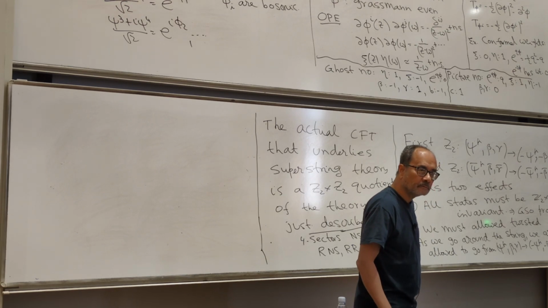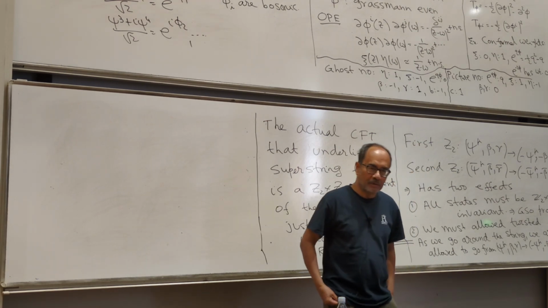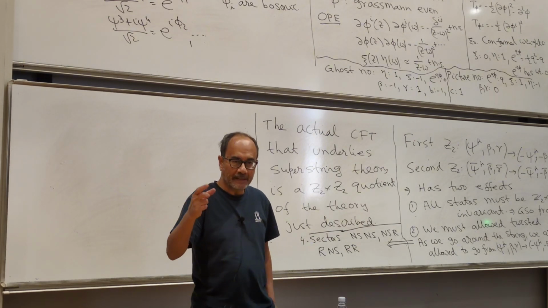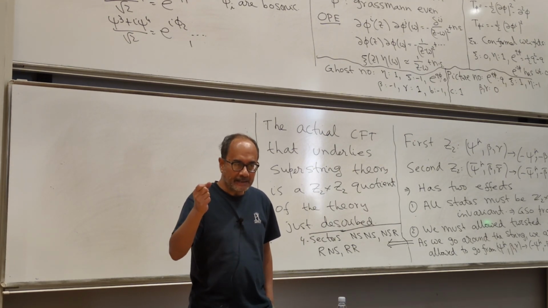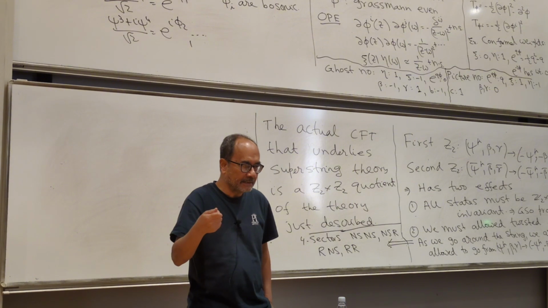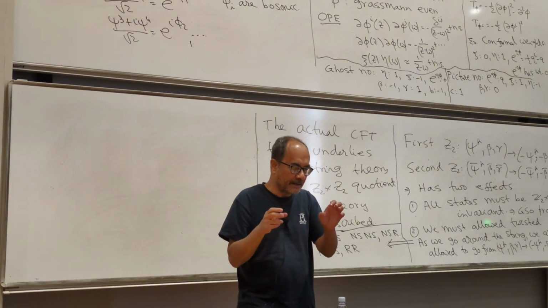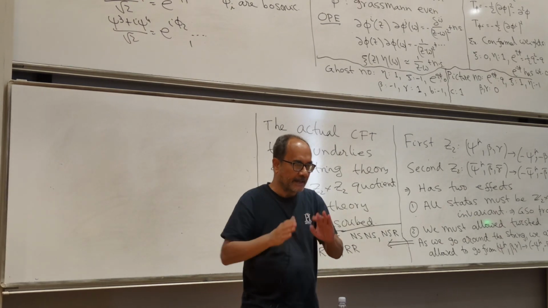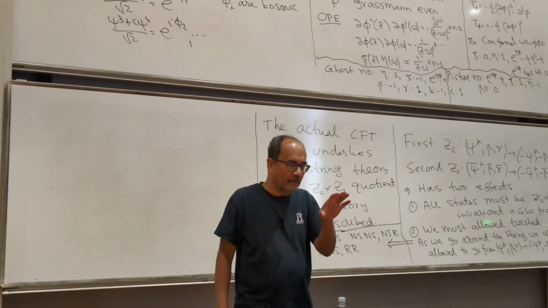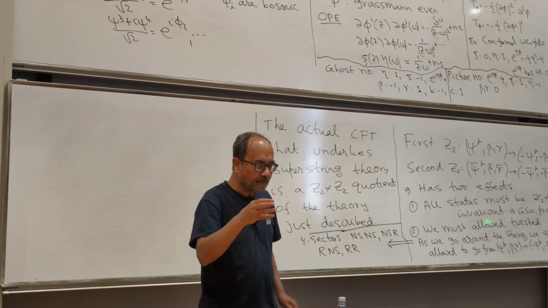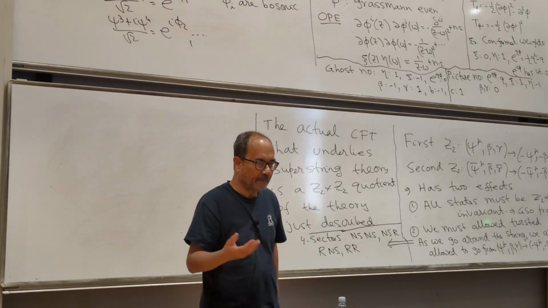You might have to be careful, sometimes there are cocycles. That happens if you have e to the i phi 1, e to the i phi 2, which have no singularity, and there you put a cocycle. That cocycle basically is some matrix that multiplies the vertex operator, which has no other role but to provide a sign. Imagine that e to the i phi 1 is accompanied by sigma 1 and e to the i phi 2 is accompanied by sigma 2. Then when you switch them, you pick up an extra sign.